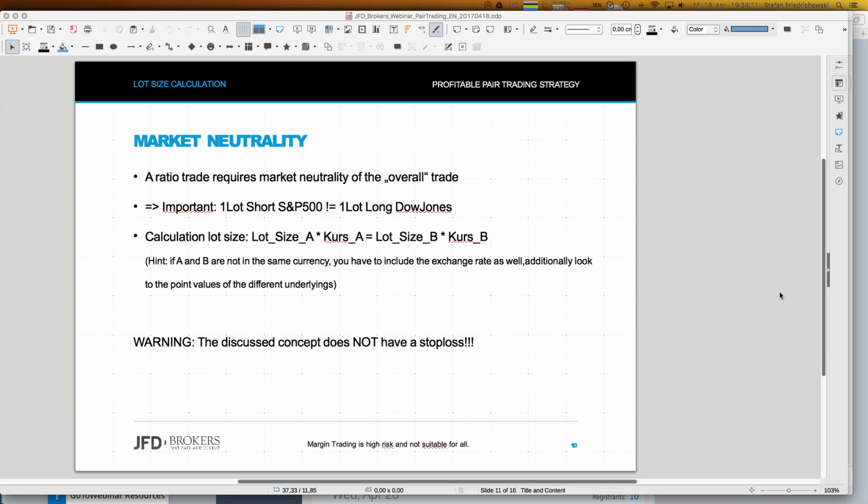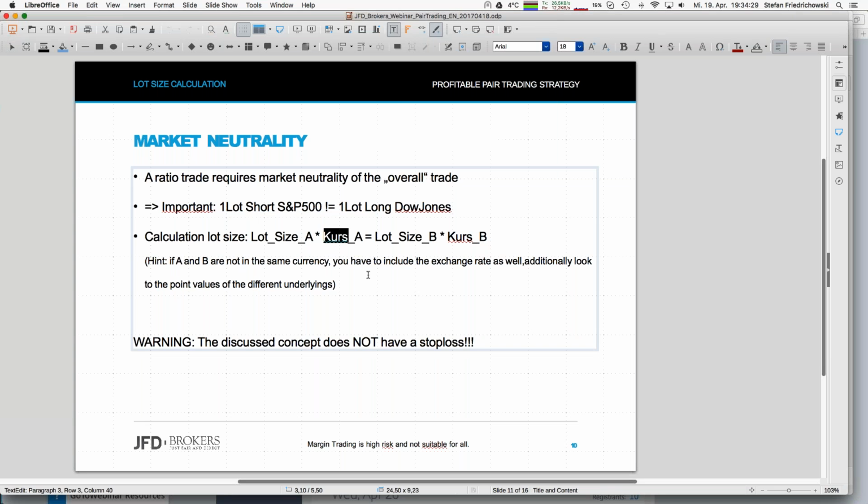Sorry, I just looked at the questions and I see my mistake on the slides, because originally those slides were in German and I have not translated every word here. So you find a word here which is called Kurs, and Kurs means price. Sorry for that mistake. I will correct it.